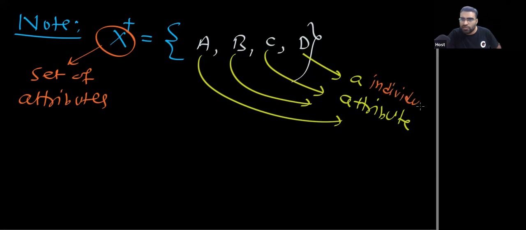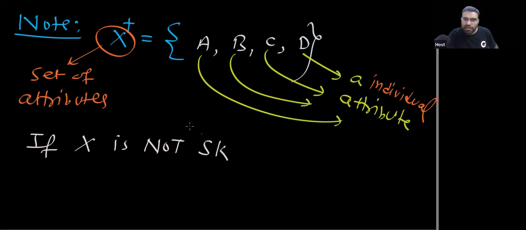Now you tell me, if X is not a candidate key, if X cannot determine everyone, very simple words I am asking, if X is not a super key or candidate key, whatever, then can I say A is also not a candidate key?